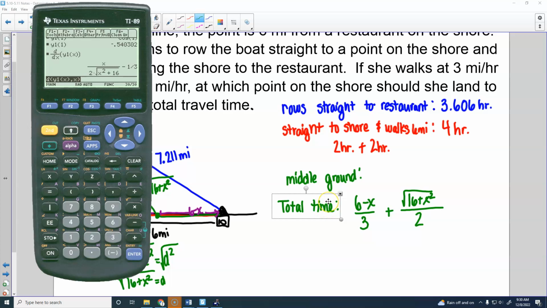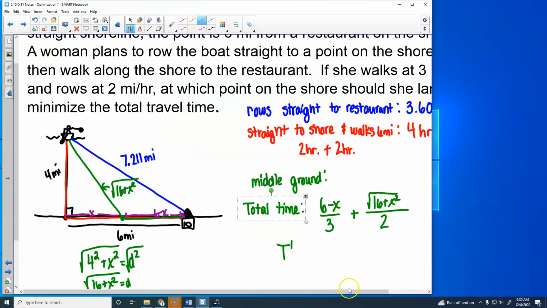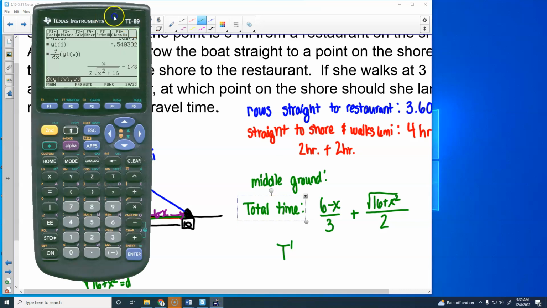Okay, so here's our derivative that she took by hand because she does not have a calculator, but we're cheating because we're weak. She is not. I'm going to call this T prime.